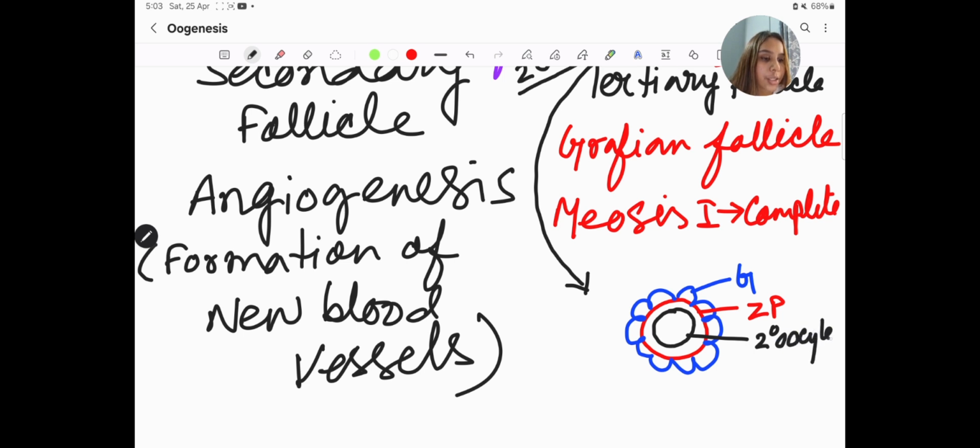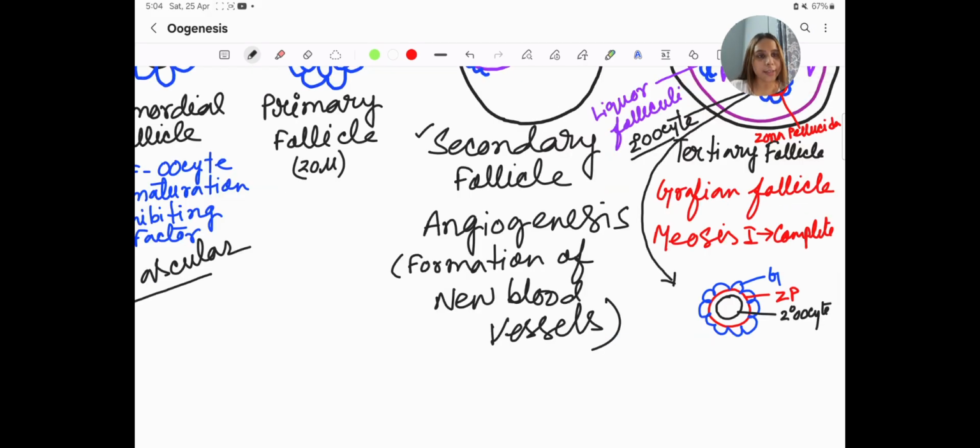Now it will wait for sperm to come in contact with this ovum. And the secondary oocyte will again be arrested in metaphase 2. Only when there is the presence of sperm can it complete its meiosis 2 and produce the egg.